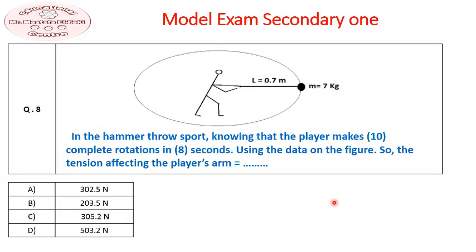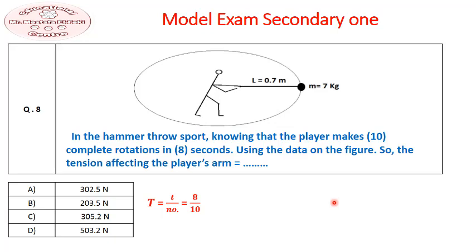Question 8. In the hammer throw sport, knowing that the player makes 10 complete rotations in 8 seconds, using the data in the figure, the tension affecting the player's arm is... The tension force here means the centripetal force, but at first we must calculate the periodic time.